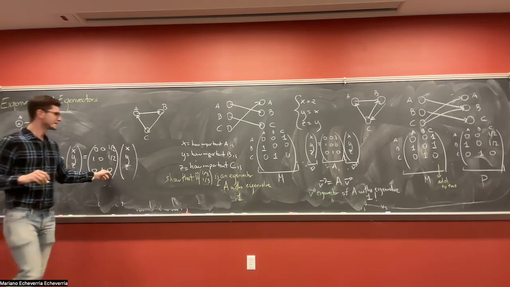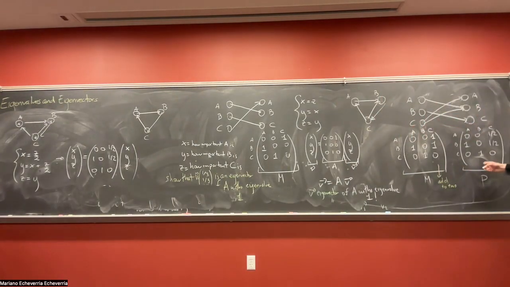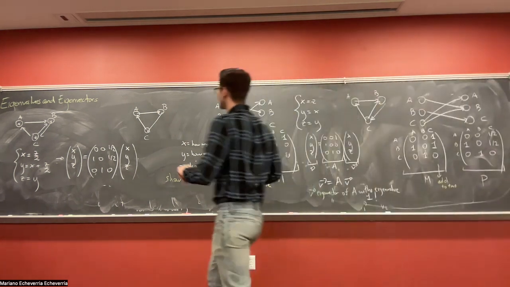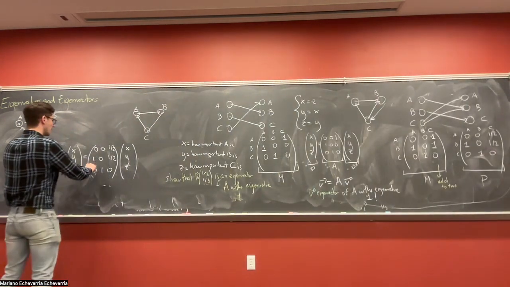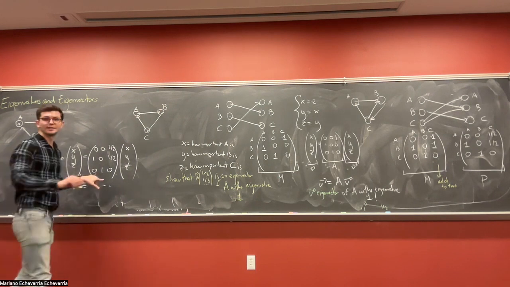But what is this matrix? It's a probability matrix. There are no 1/4 here. But you see, this is still an eigenvector equation for one matrix, the matrix P.